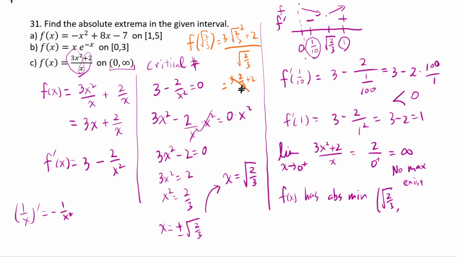And 3 and 3 cancel, right? And then instead of dividing by square root of 2 over 3, I'm going to multiply by the reciprocal. And that gives you 4 times square root of 3 over 2, okay? Because 2 plus 2 is 4. So that's going to be our y coordinate. All right. So that's the answer.